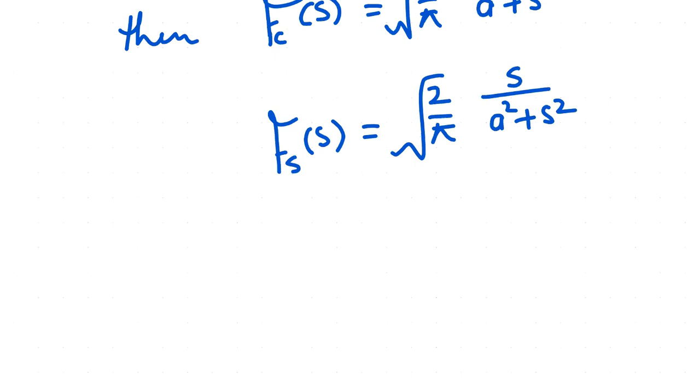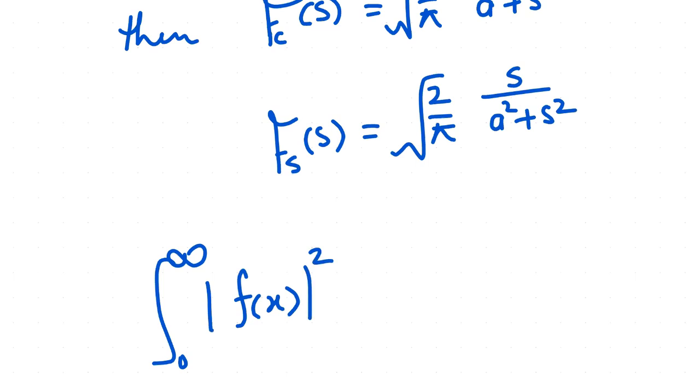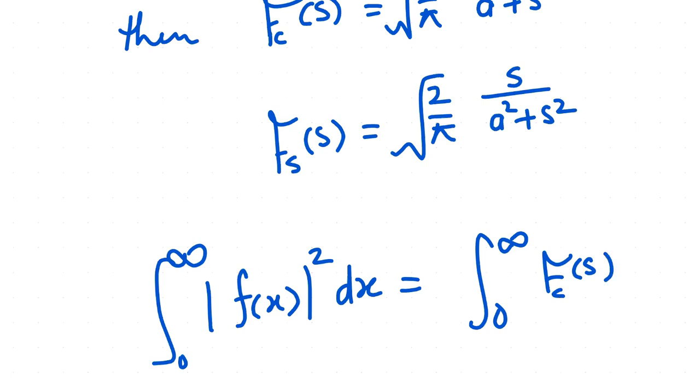The integral from 0 to infinity of the absolute value of f(x) square dx is equal to the integral from 0 to infinity of the Fourier transformation, first of all we are taking for cos, so let us take C, of s, absolute value square, ds.